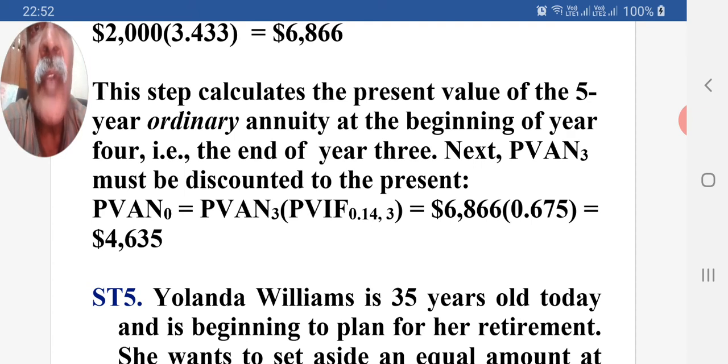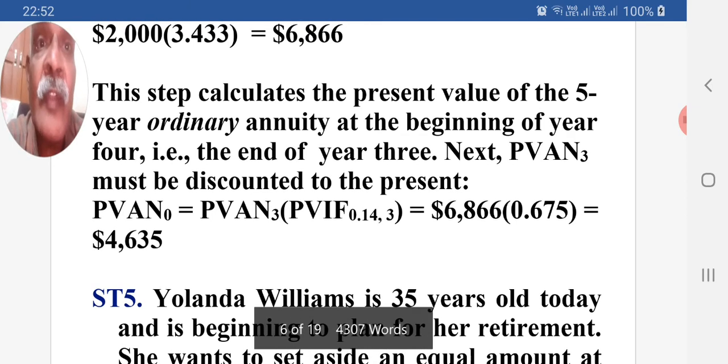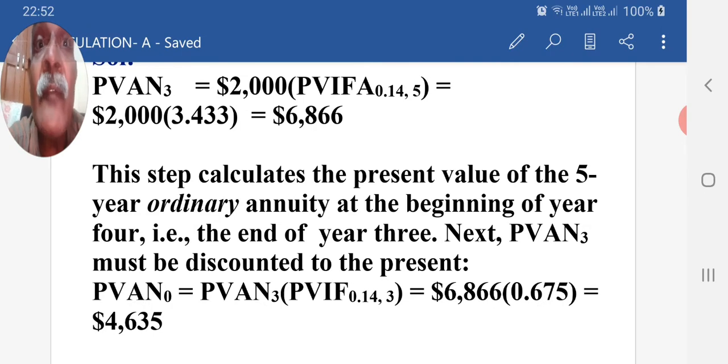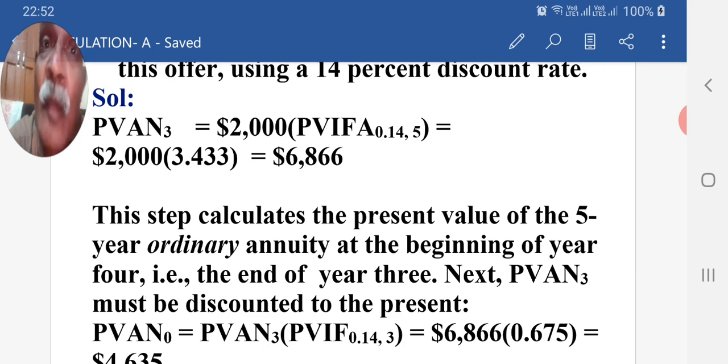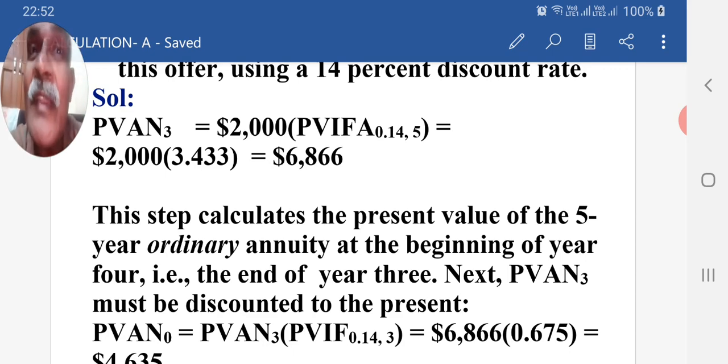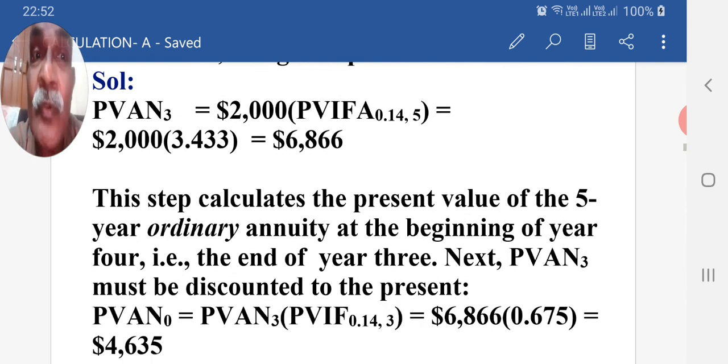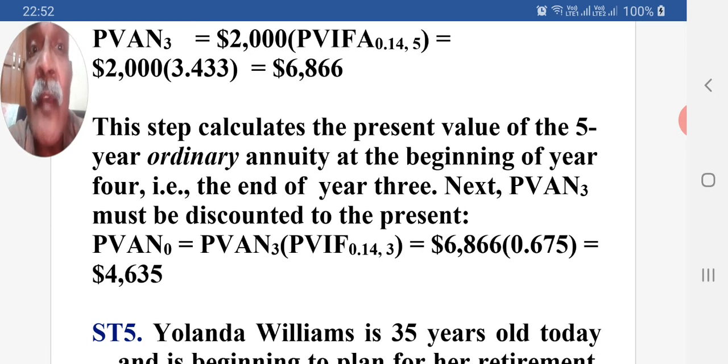Now you have to calculate the present value of the annuity at the end of the 3rd year. What you have calculated here is the present value annuity at the end of the 3rd year, which is 6,866.